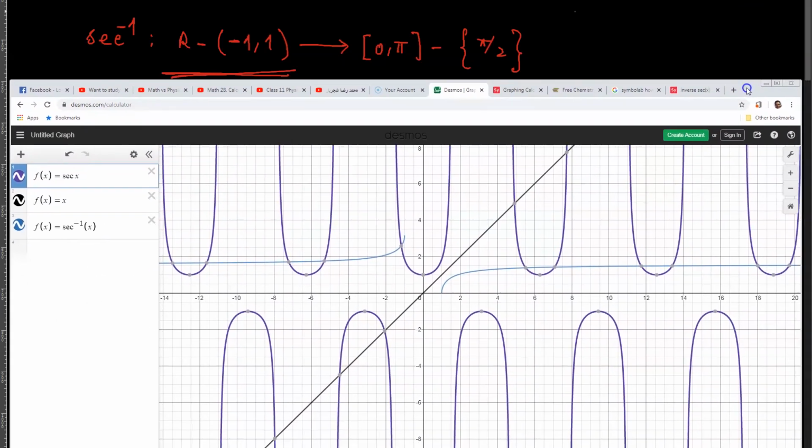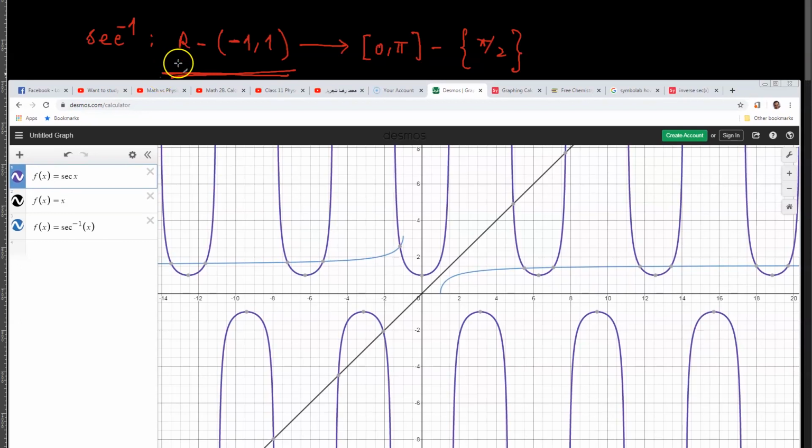Anyway, we defined the domain of this function as R minus the interval -1 to +1, right? So it goes from -1 to +1, and then the range goes from 0 to pi.